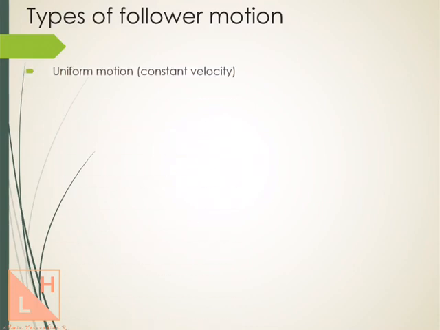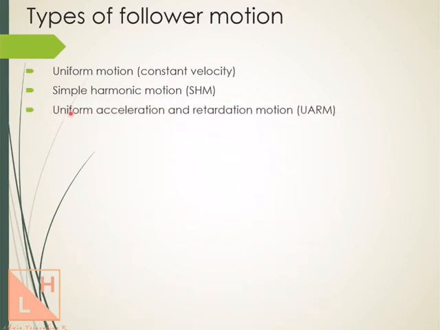The types of follower motion. You will find the follower with different types of motion. You will find it with uniform motion, that is constant velocity, or simple harmonic motion, or uniform acceleration and retardation motion, which is called UARM, or cycloidal motion.